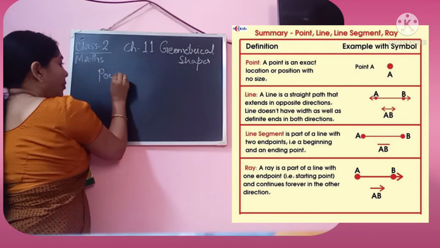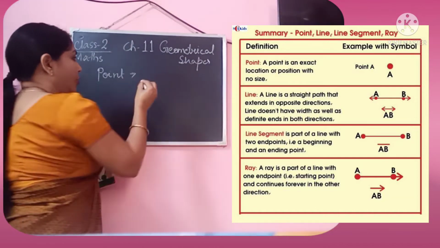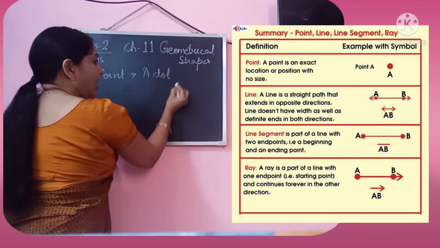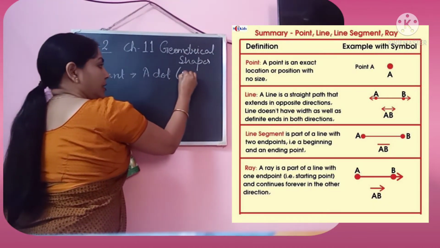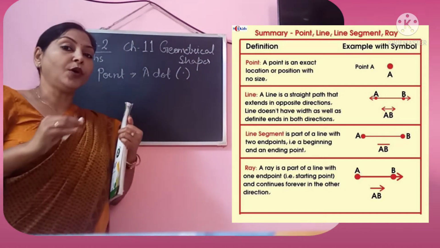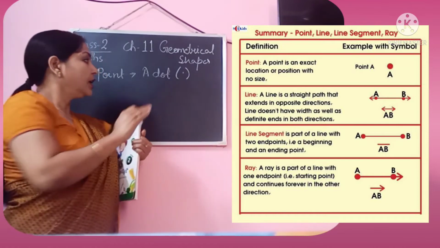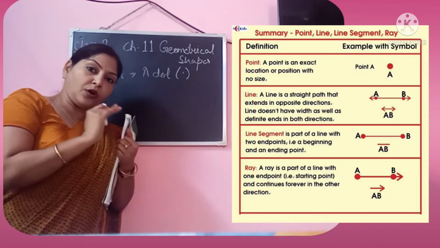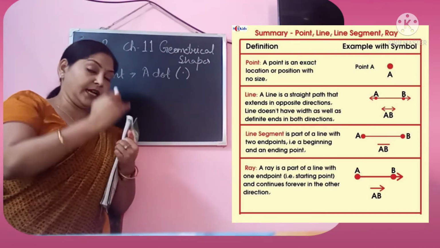Now what is a point? Point means just a dot. A dot does not have any length or breadth. If you look at this dot, can you imagine how long it is, how short it is, how much height it has?